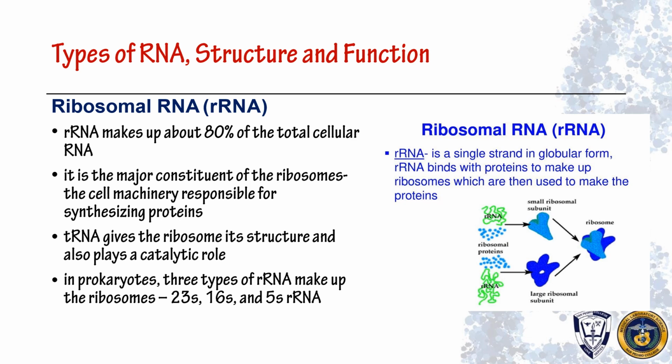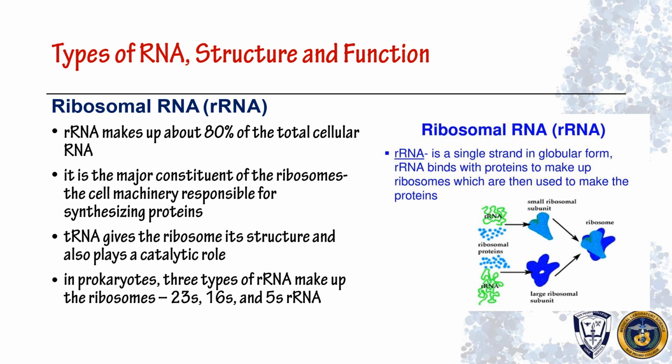In prokaryotes, there are three types of rRNA that make up the ribosomes: the 23S, the 16S, and the 5S rRNA. So it is a component, no? This rRNA is a component of cell organelles called the ribosomes.